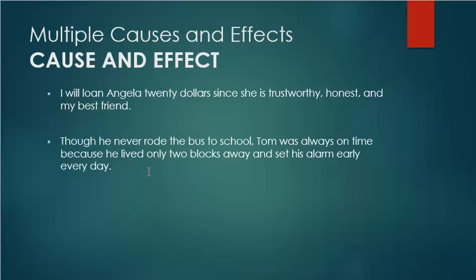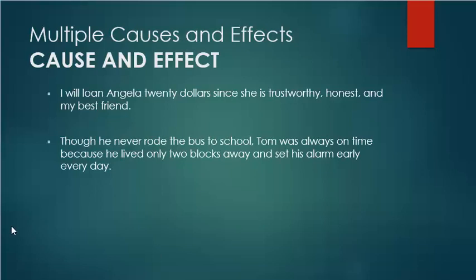Next, though he never rode the bus to school, Tom was always on time because he lived only 2 blocks away and set his alarm early every day. So what happens first? The first thing that happens is he lives 2 blocks away and he sets his alarm early, and because of that, the effect is Tom was always on time.